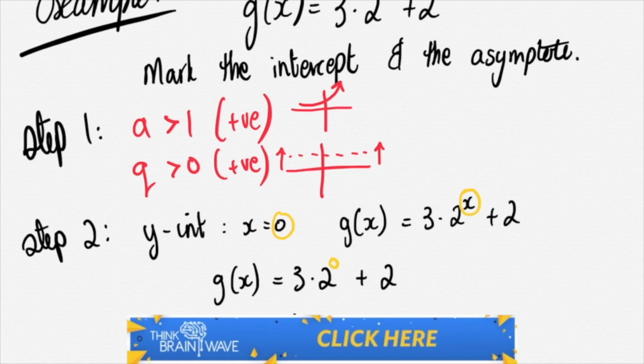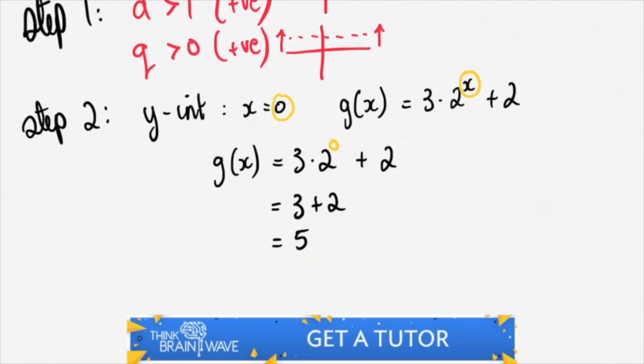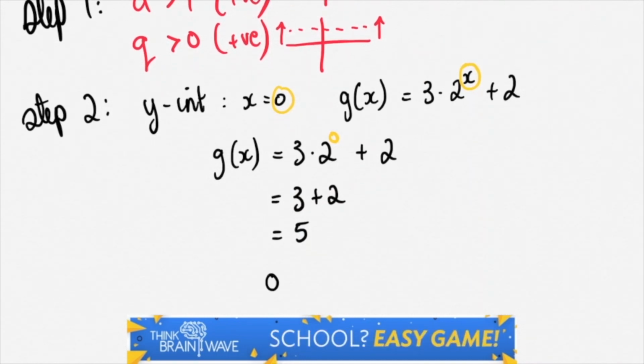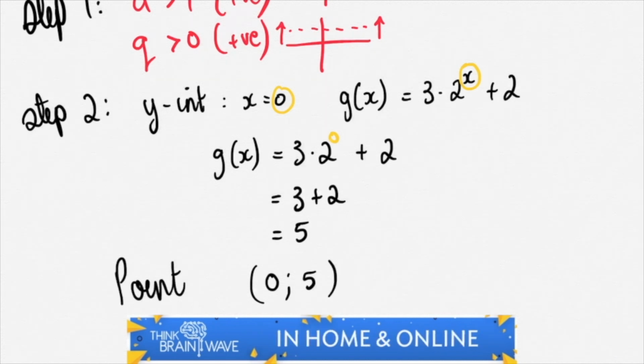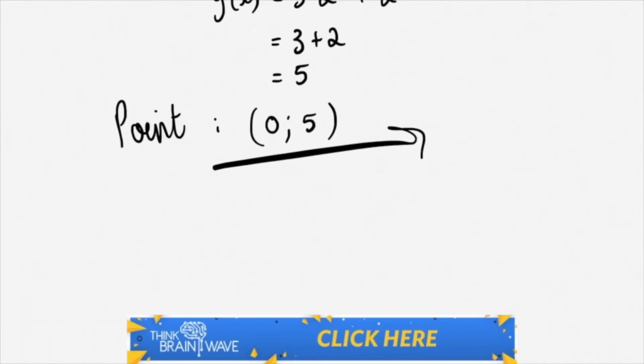Theoretically, where it says g of x, it should say g of 0. And we are left with an answer of 5. So when we have our y-intercept, it will be (0, 5). That's our first point. Easy game so far.